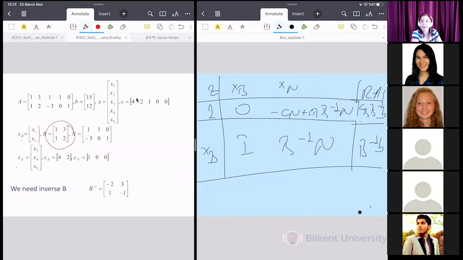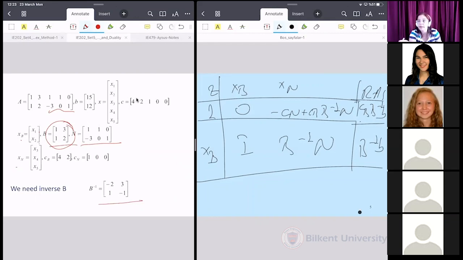The B for the XB basic variables is the first two columns, 1, 1, 3, 2. And my N is my remaining columns, which are these three. I need B inverse. The whole matrix requires B inverse. So for this B, you need to take the inverse. Of course, I won't teach you how to take the inverse of a matrix, but this is the inverse of this matrix.